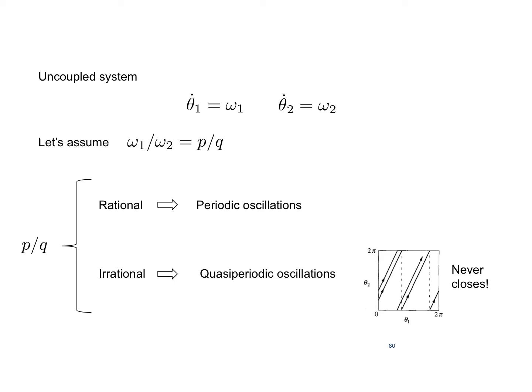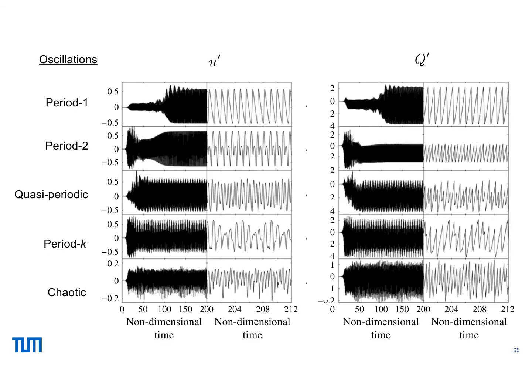When you represent this in the toroid, it is also helpful because you can clearly see. So I will show you 2 examples. In this slide, we see several cases, like several types of limit cycles, and this is the one I wanted to show you, the quasi-periodic oscillations. So you see here, there is not a clear pattern, okay?